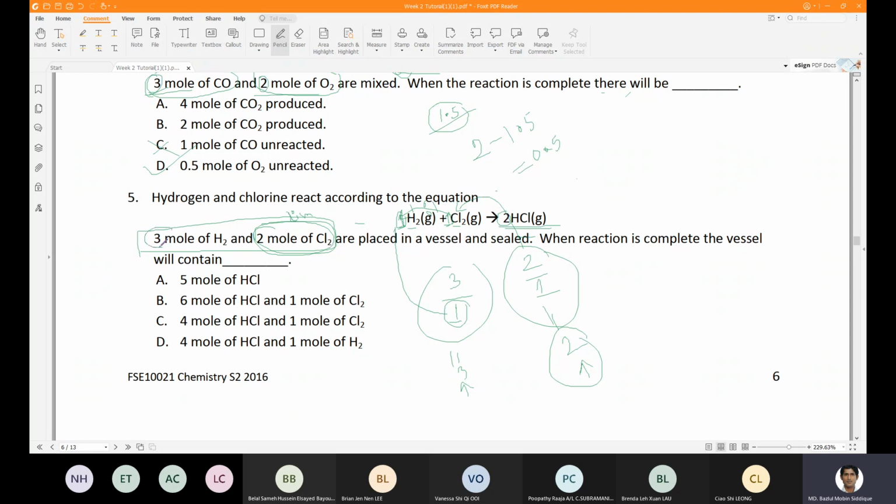But since we have 3 moles of hydrogen, 1 mole of hydrogen will be the excess amount. It will be left. So 1 mole of hydrogen is left. So chlorine cannot be the one that stays, only hydrogen will stay.